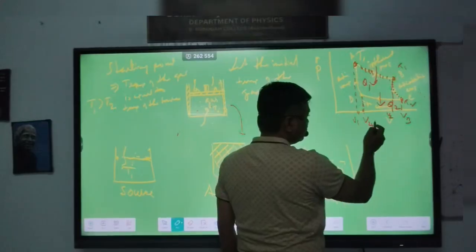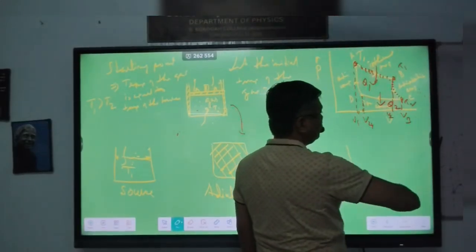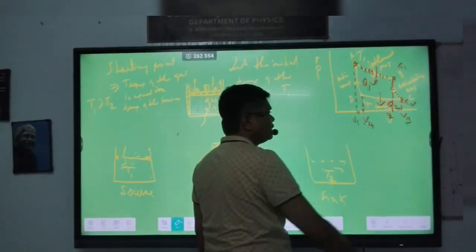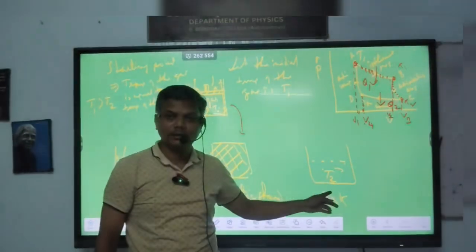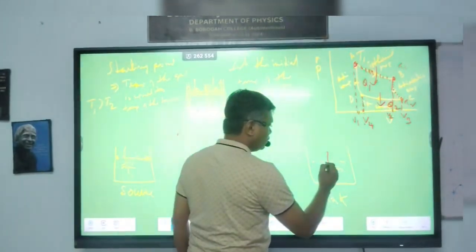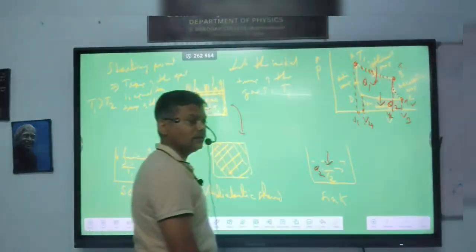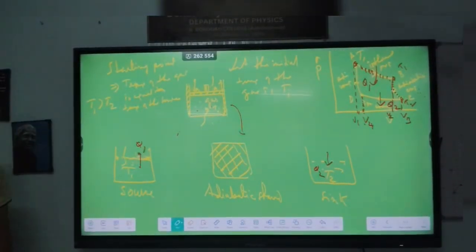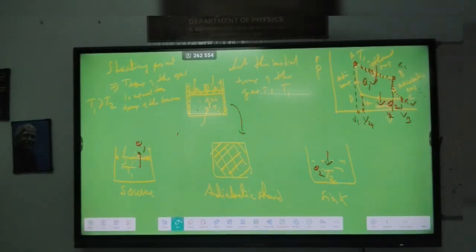It will compress from V3 to V4, and during that compression there will be a release of heat Q2 to the sink, and the source is taking Q1 amount of heat. During the isothermal process only it can take heat.